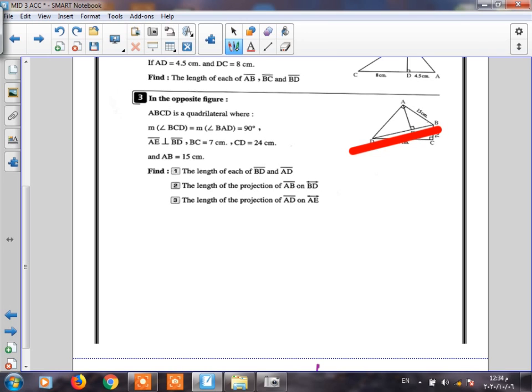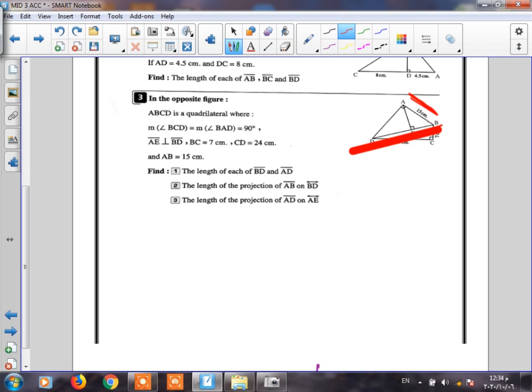That means I need the projection of line AB on the red one. Okay, this point B is lying on the red line, right? Let's make this blue so we understand. This point B lies on the red line, right?